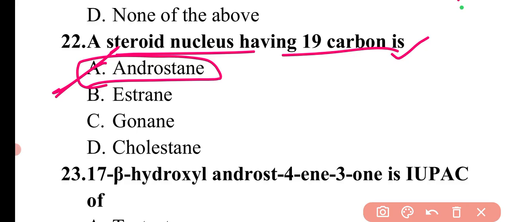Now there are several other groups which can have different numbers of carbon atoms, such as 17, 19 or maybe higher. So I can tell you a few of the things.